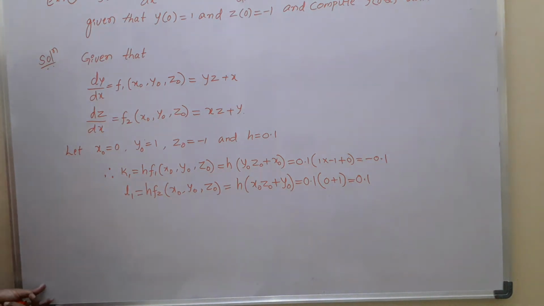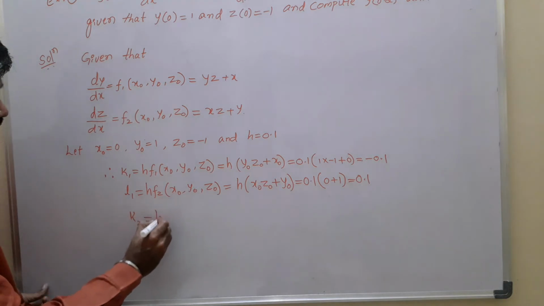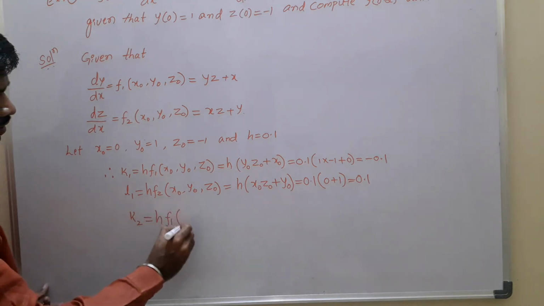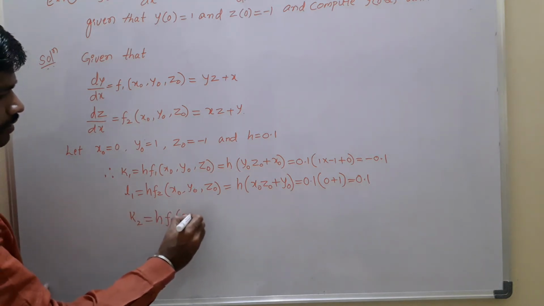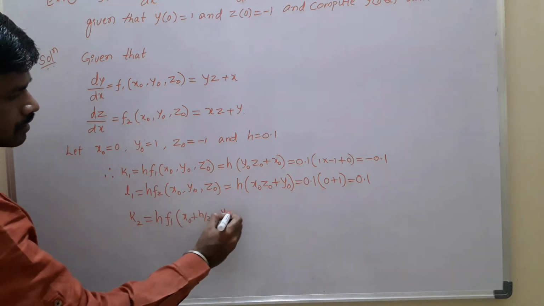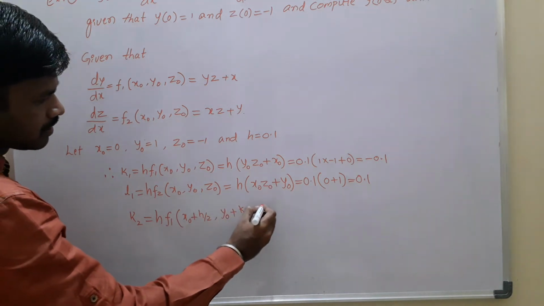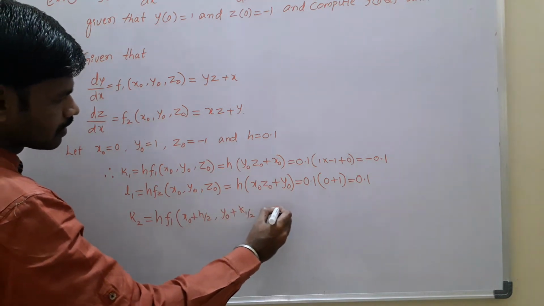And similarly k2 equal to h into f1(x0 plus h by 2, y0 plus k1 by 2, z0 plus L1 by 2).